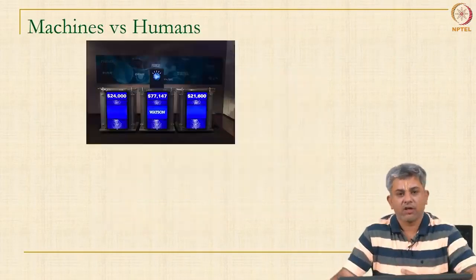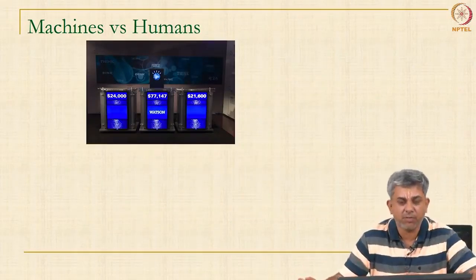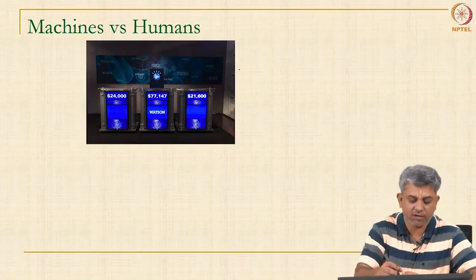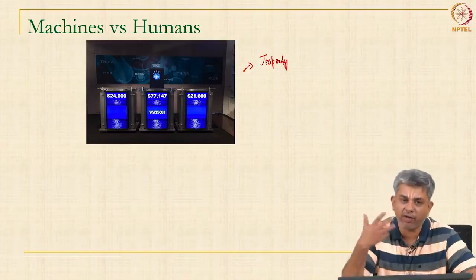So, here are two results that have been the reason for people getting kind of worried. This is machine versus humans. This is Jeopardy, a quiz show in the United States. I do not believe it is there in India as yet, but it is an involved, language based quiz show.